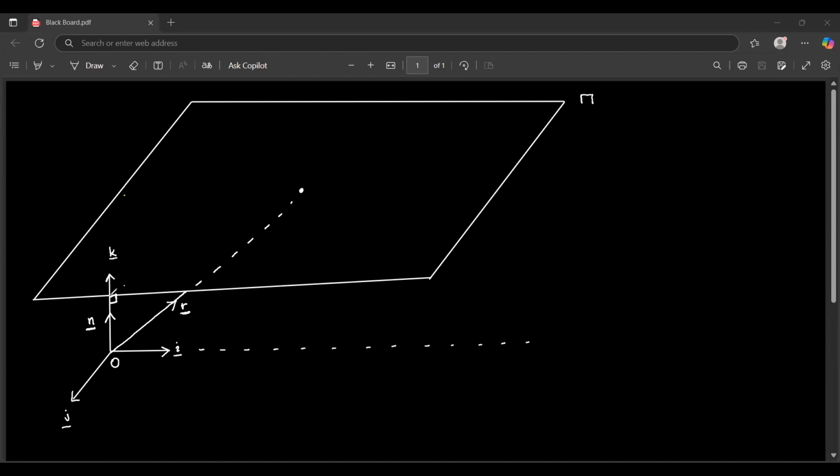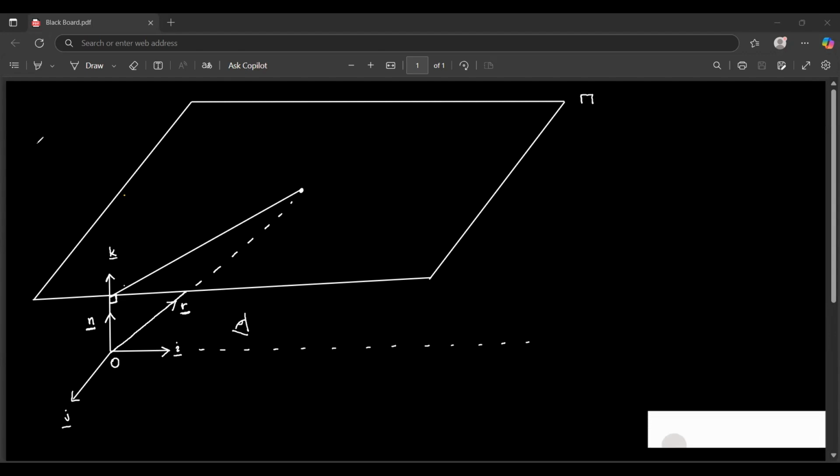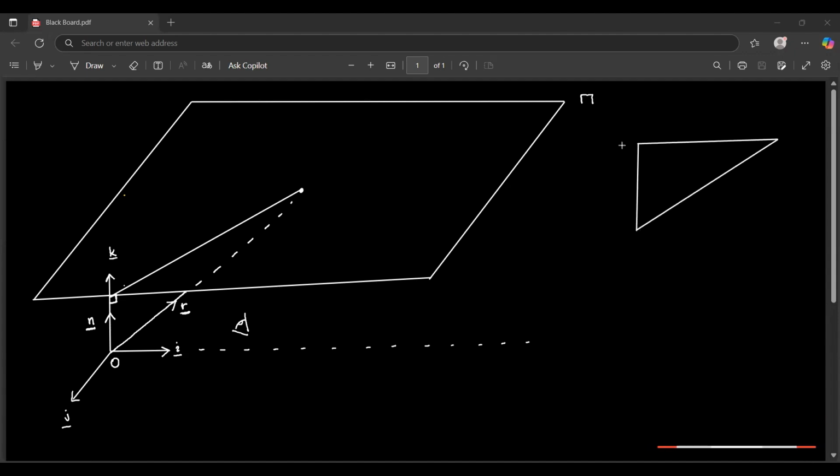If I connect this triangle and look at it from this perspective, I will have a right angle triangle. The hypotenuse will be the absolute value of the vector r, and let's say this is the angle theta.